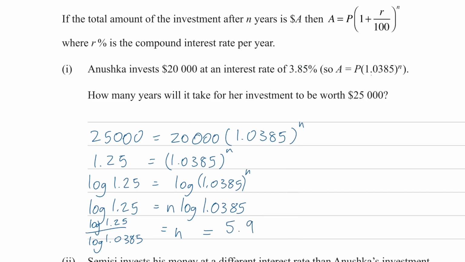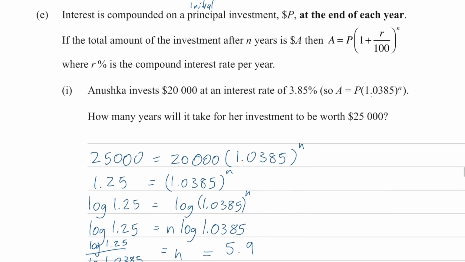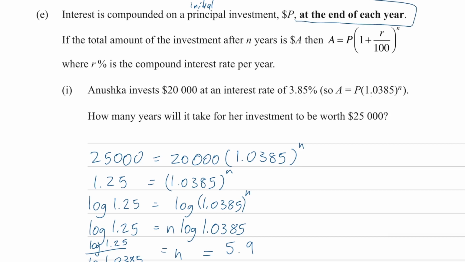Now let's think about the question. So that's 5.9 years. Does that make sense? In this case, no, because the interest is compounded at the end of the year. So we need to round up to 6 years.